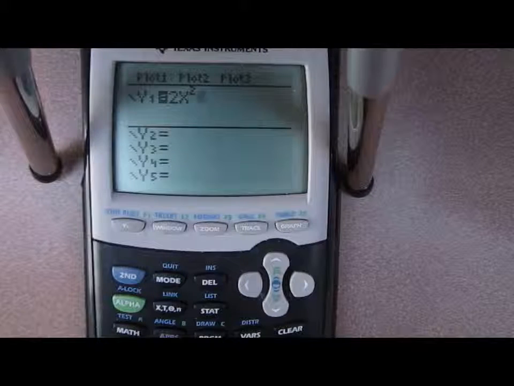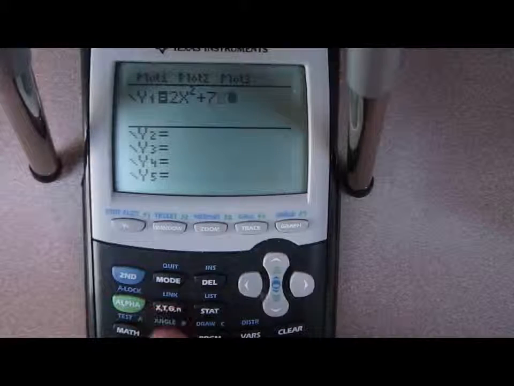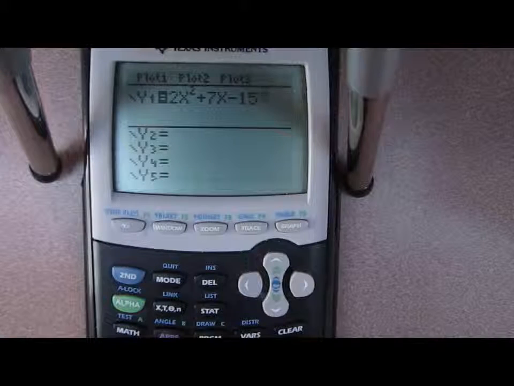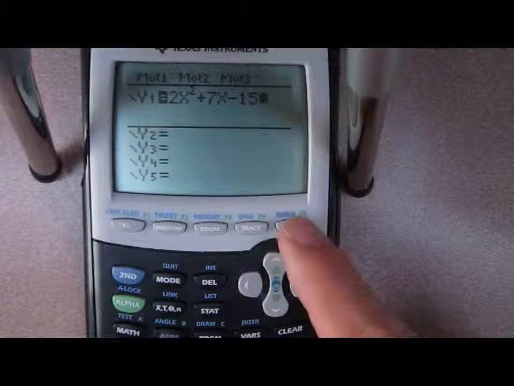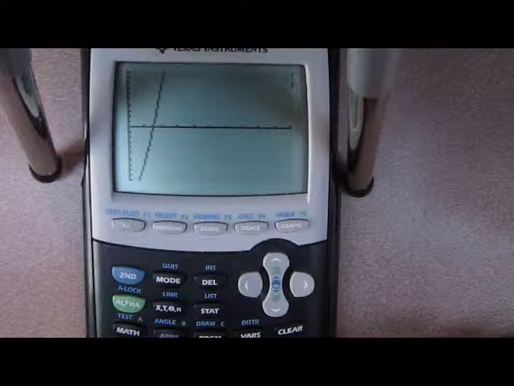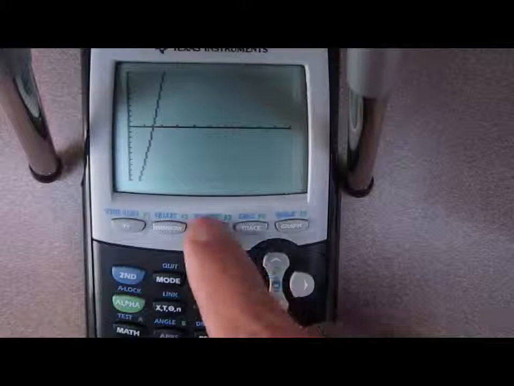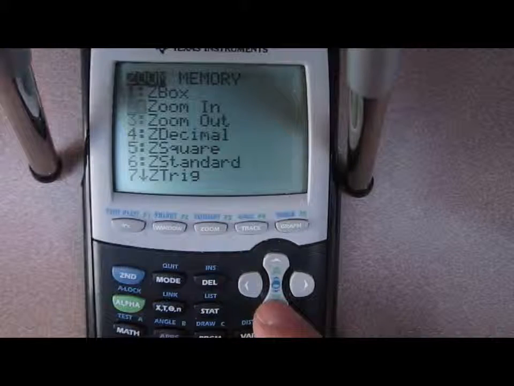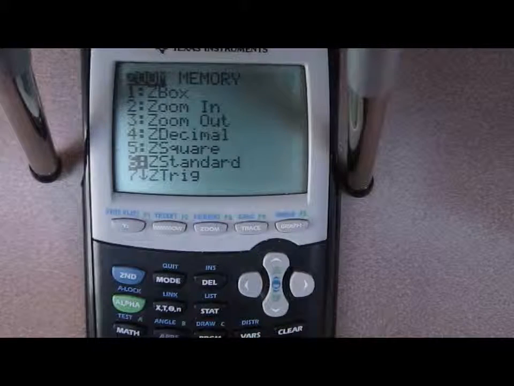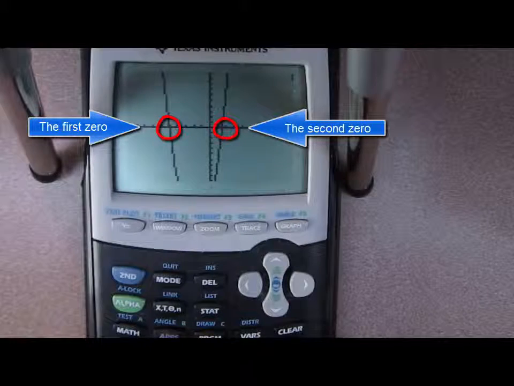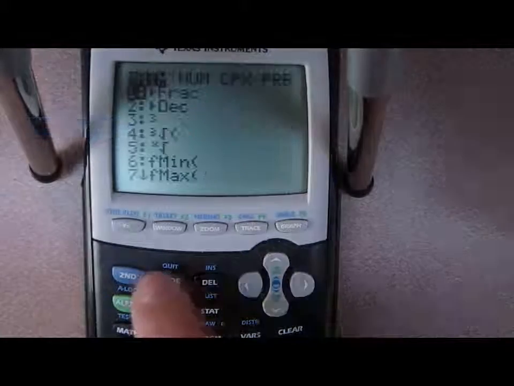So it is 2x squared plus 7x minus 15. And then you hit graph. If the graph doesn't turn out the way it should, you might want to hit zoom and then hit standard. Then you have a graph like that.